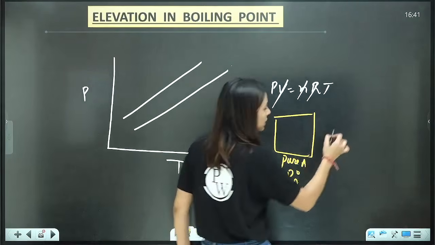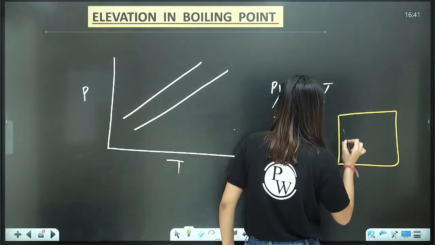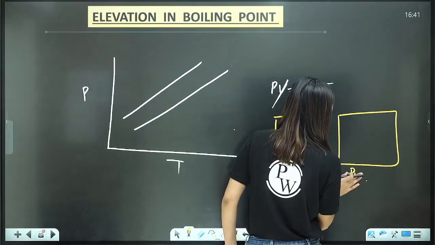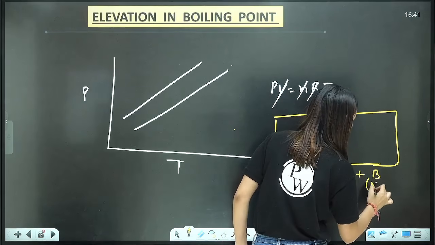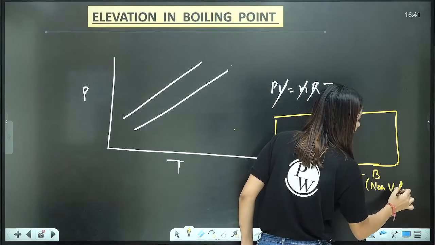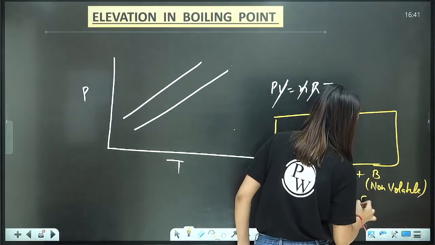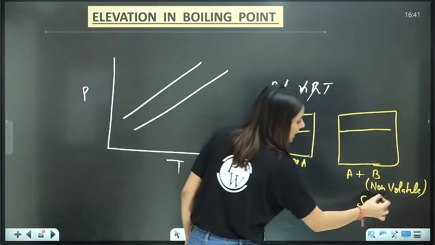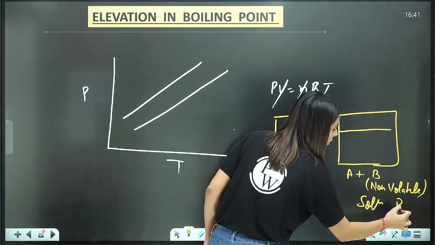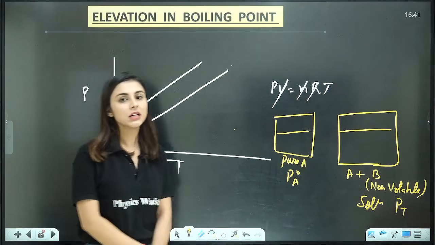And the other is A plus B, where B is non-volatile, so it is a solution. Let us say its pressure is P total.